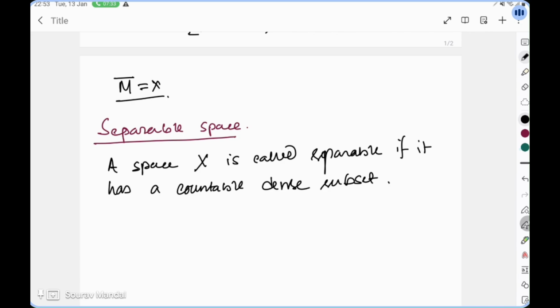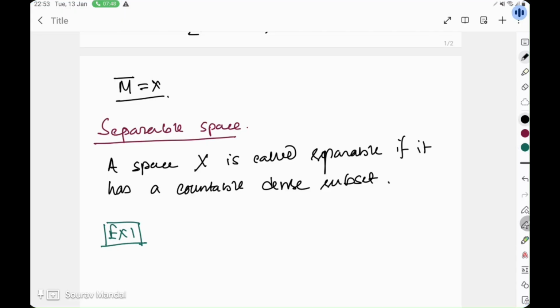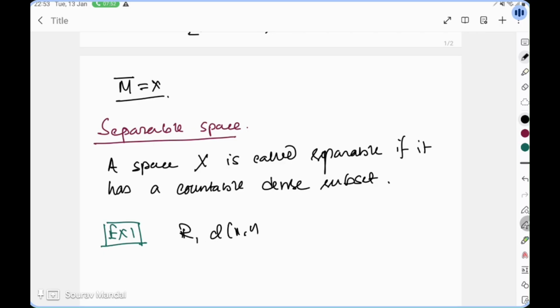As an example, consider the first metric space I gave in the example yesterday, the set of real numbers with the metric d defined by the usual modulus of x minus y. Is this space with this metric a separable metric space?